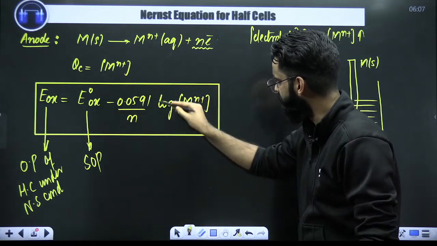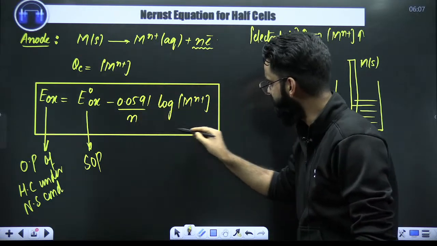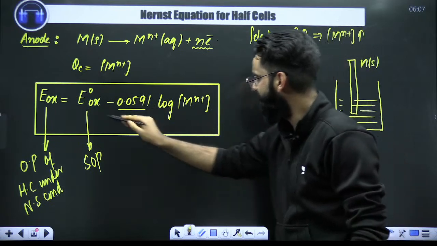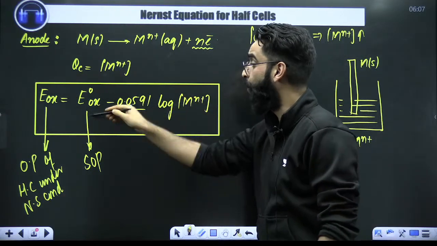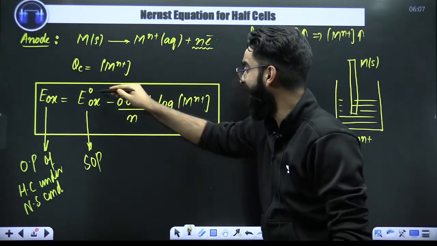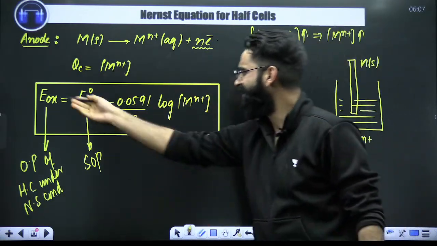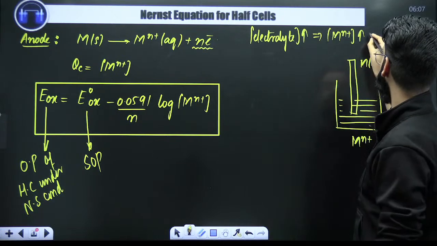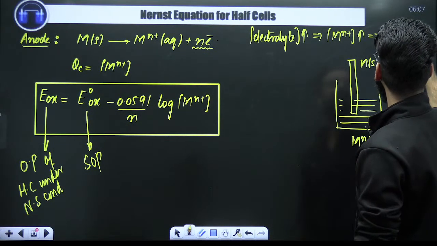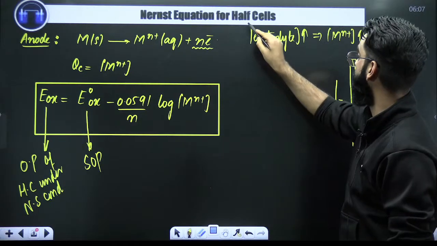If this term is increasing, that means this term is increasing. If this particular term is increasing, that means the difference between the two will decrease. If the difference between the two is decreasing, what does that mean? That means indirectly oxidation potential is decreasing. So do remember this particular scenario as well.